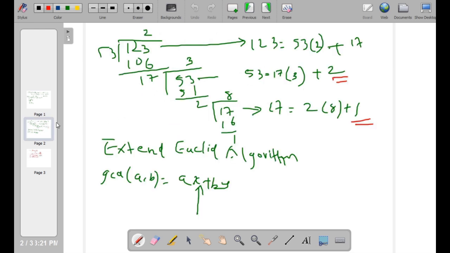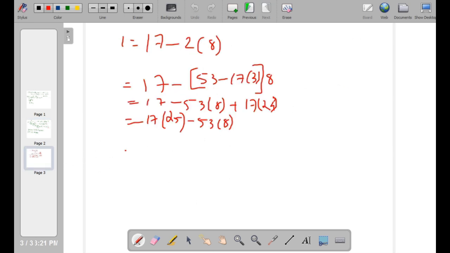Next we will replace this 17 by 123 minus 53 into 2. This is our 17. 25 is here, then minus 53 into 8.